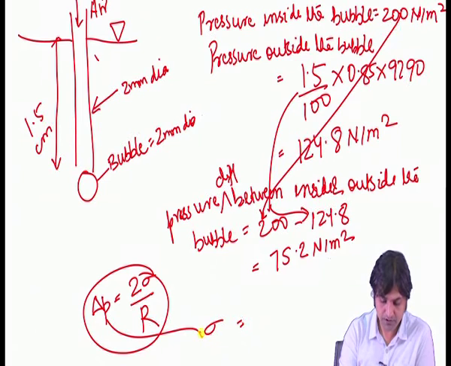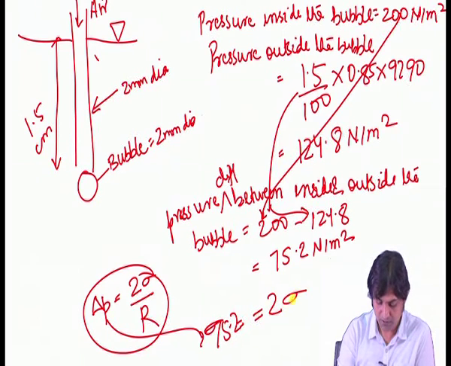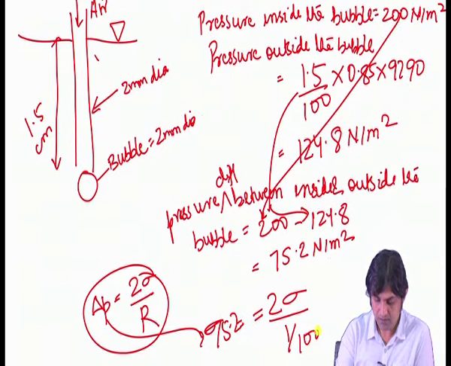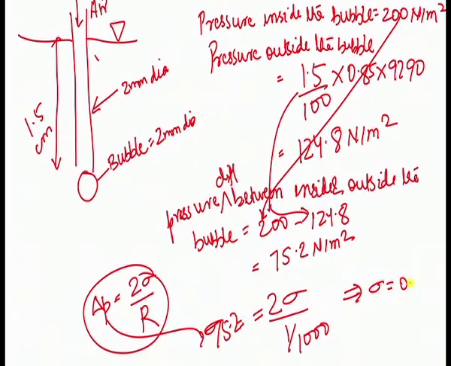This value is 75.2, equal to 2 sigma divided by R. R is 1 by 1000. This will give sigma as 0.0376 in SI units.